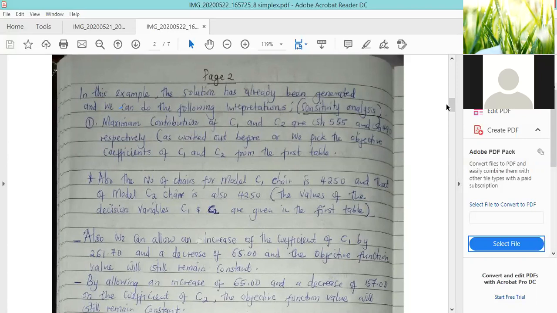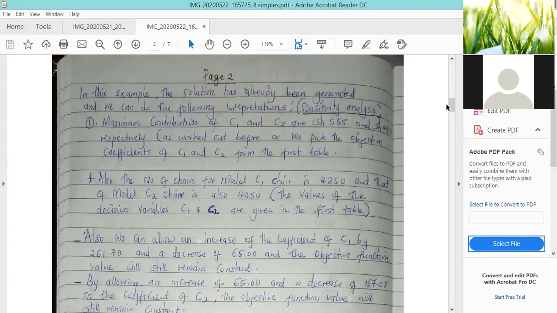Okay, then what is the meaning of the increases and the decreases? If we were to increase the coefficients, sorry, not the units, the coefficients of C1 and C2, we increase that of C1 by 261, and we also reduce by 65. What is the meaning of this is that the objective function value will not change.